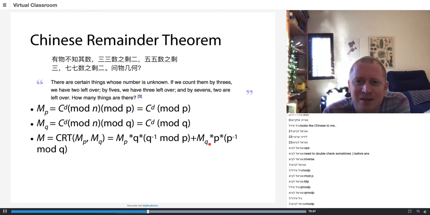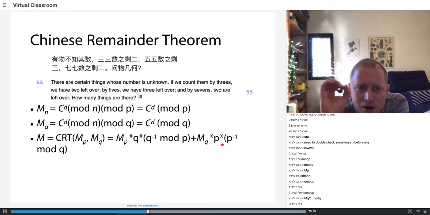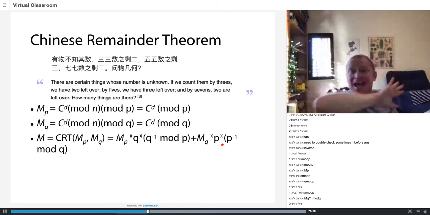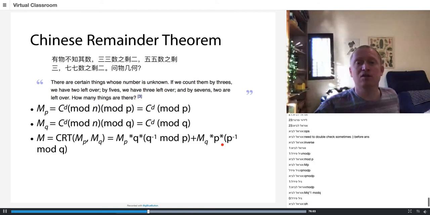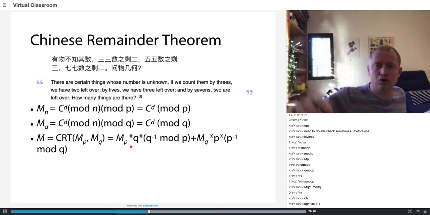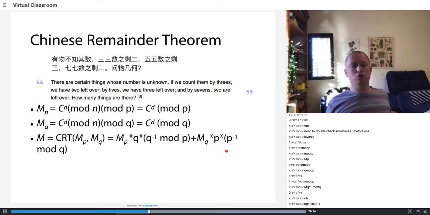This is p times something. I don't know what this other thing is. So p times something modulo p is always what? 0. Remember from the previous slide? P times anything modulo p is 0. So as soon as I do modulo p, this part falls away, and I remain with m sub p times 1 modulo p. And if I do reduction modulo q, then this multiplication by q kills this part of the equation, and I'm left with m sub q times 1 modulo q.